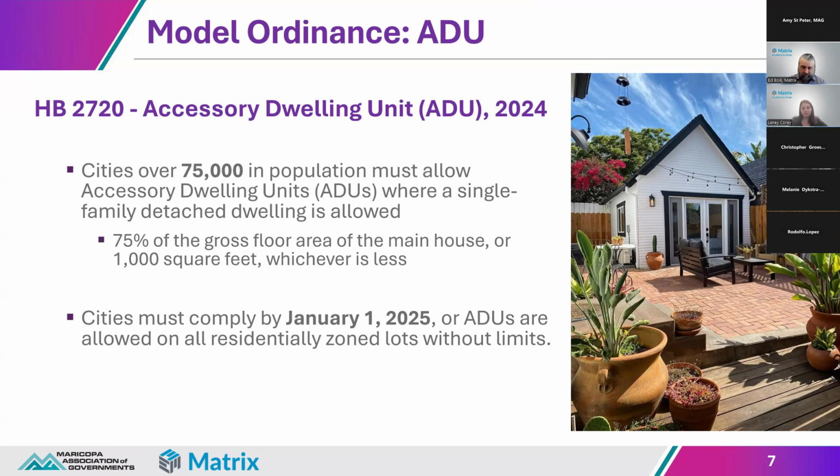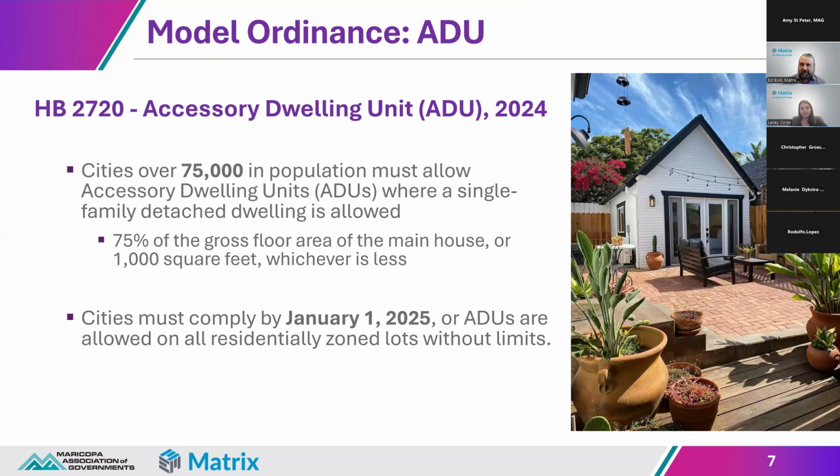Additionally, there's some restrictions for communities, like you can't implement significant design requirements. You have to allow for 5-foot side yard setback and rear yard setbacks. You can have one attached, one detached on all properties. If you have a property over 1 acre in size, you're able to have a third ADU on your property.